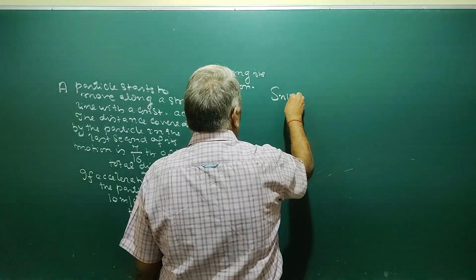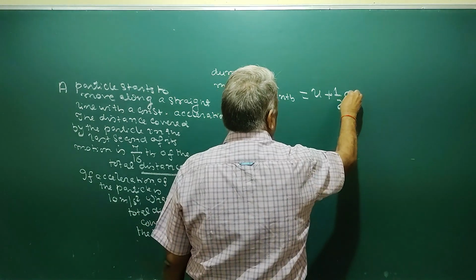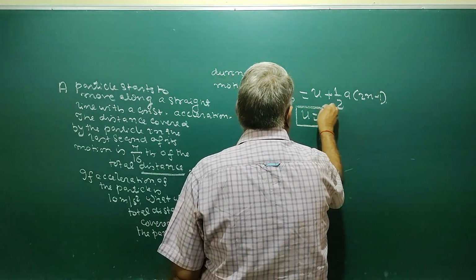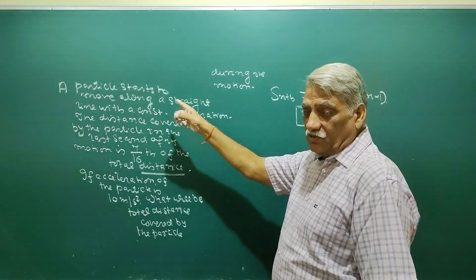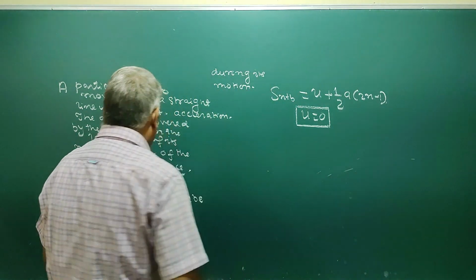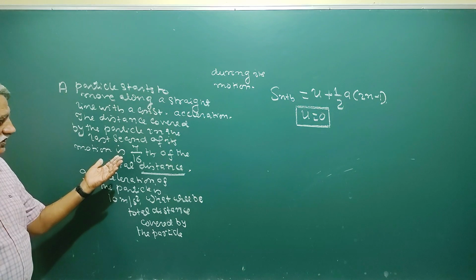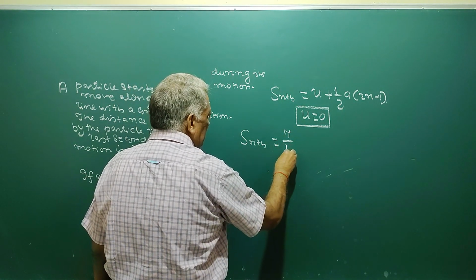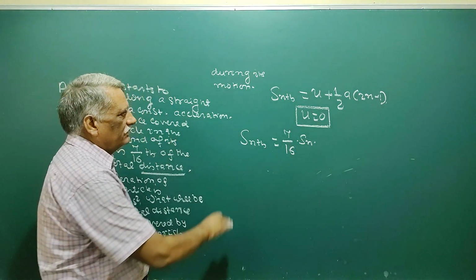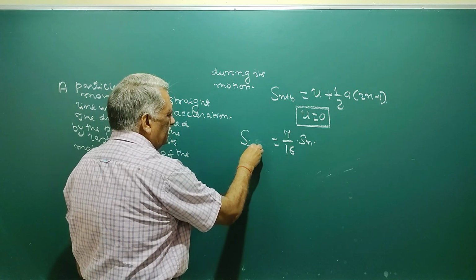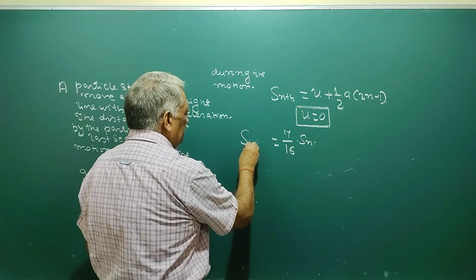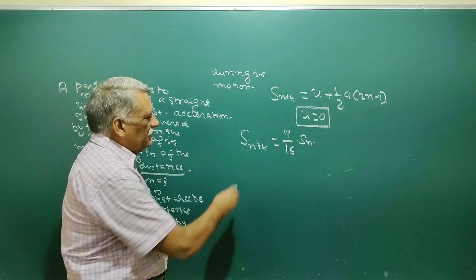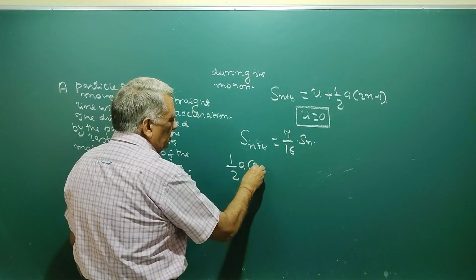S is equal to u plus half a into 2n minus 1. u is equal to 0. Initial velocity of the particle is 0. A particle starts to move with constant acceleration. In the question it is given that the distance covered in the nth second and the distance covered in n seconds, what is the relation between the two? S_nth is equal to 7/16 S_n. The distance covered in the nth second is 7/16 of the total distance. So S_nth will be half a into 2n minus 1.